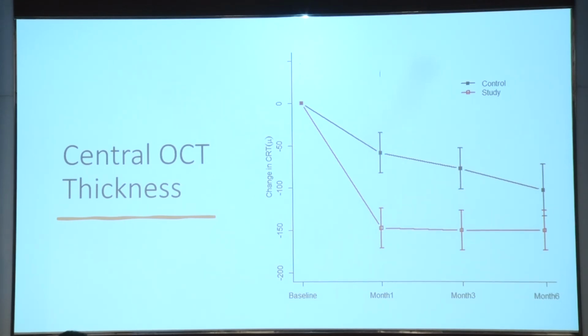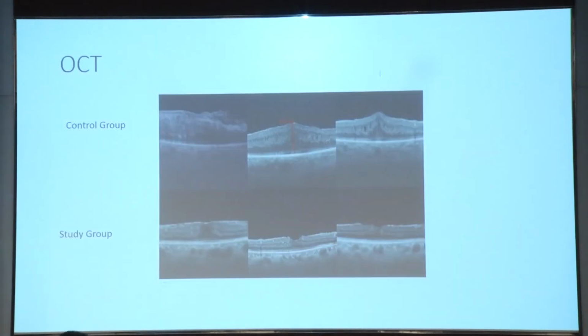So you see a rapid reduction in the central retinal thickness. By 1 month you are achieving what can be maximally achieved in these eyes, both visual acuity wise as well as OCT thickness wise, whereas if you were not to give a dex implant, it takes 6 months or more for these patients to show improvement.